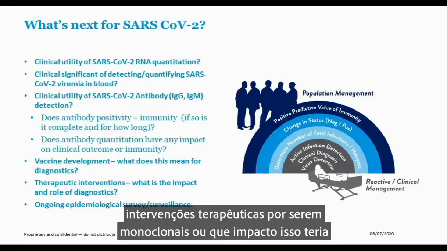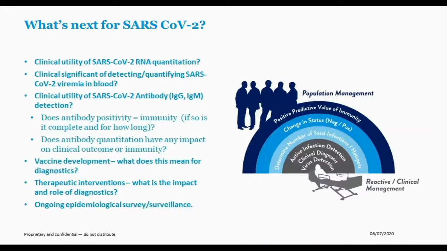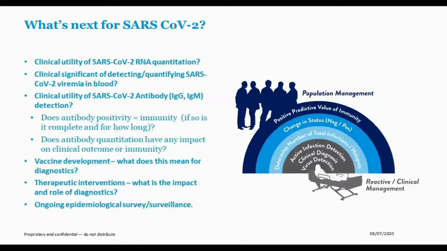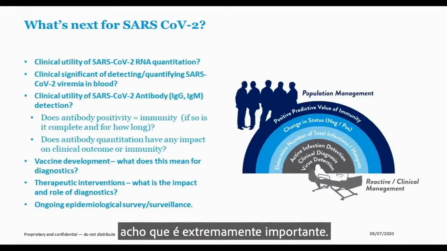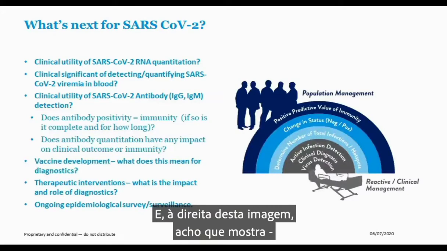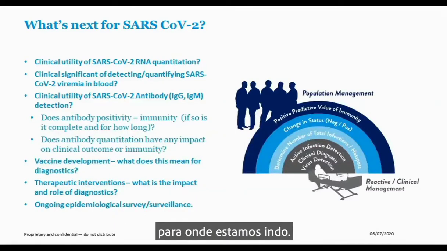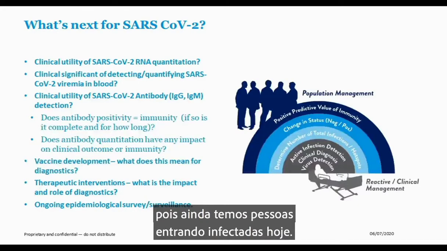Therapeutic interventions, whether they be monoclonals or other, what impact will that have on the diagnostic tests, and what role will the diagnostic tests play both in the development and the utility of those therapeutic interventions. And then the ongoing epidemiology, whether it be surveys or surveillance, I think is critically important. And on the right hand of this picture, I like it because it illustrates where we're coming from, where we were, where we are, where we're going to, from the reactive clinical management at the outset of this pandemic, and that's still extremely important as we still have people coming in who are infected today.